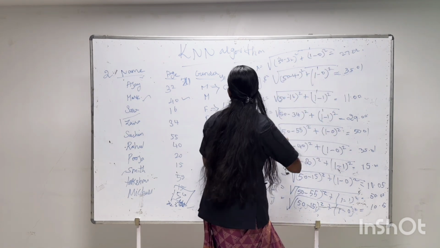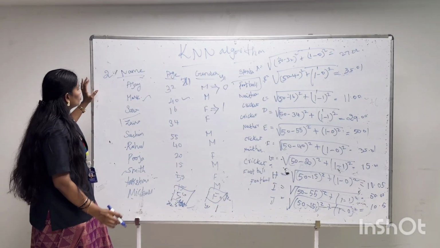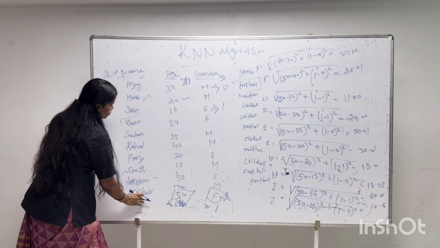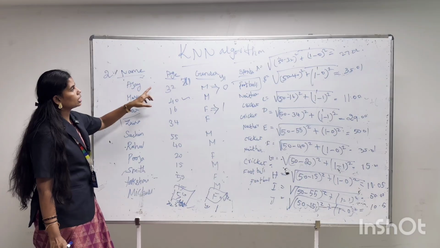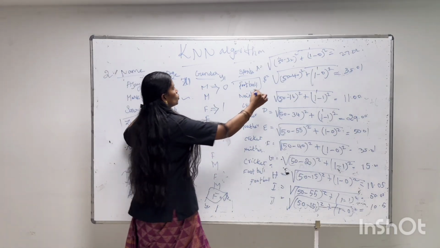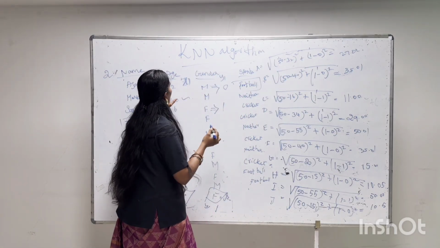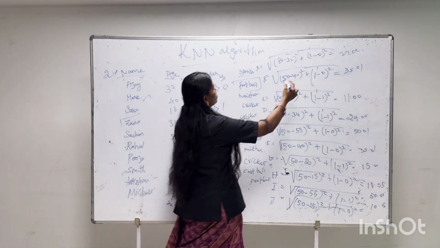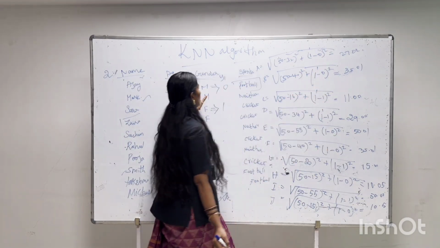The second value is for the different participants in the sports category. Ajay, for Ajay the age was given as 32, so I have taken 32, and his gender was male, so I have taken y2 as 0.